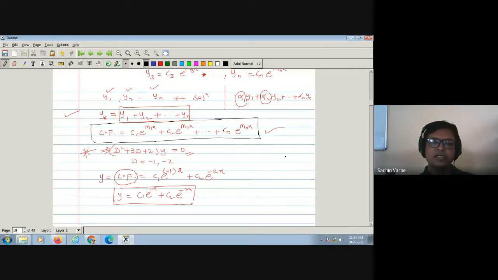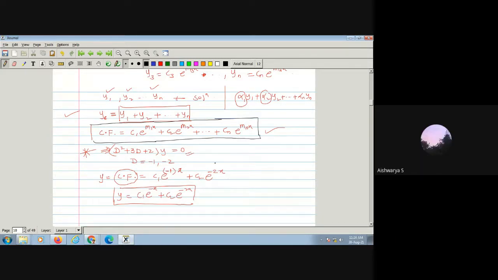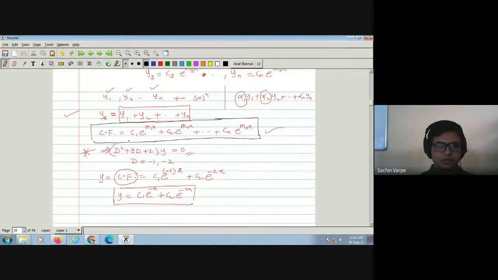If it is given to be 0 itself in the question paper, then the complementary function will be the solution. Is this point clear to everyone? Yes, sir. Good.